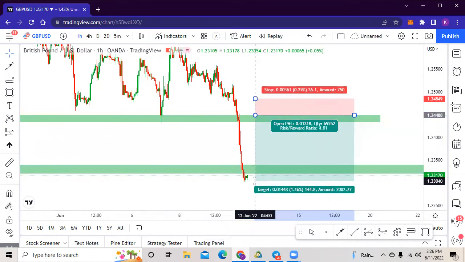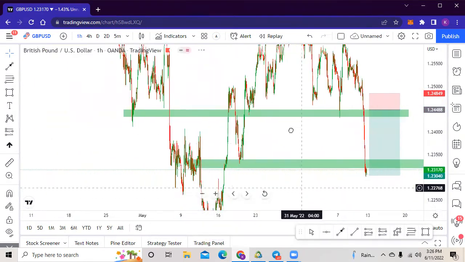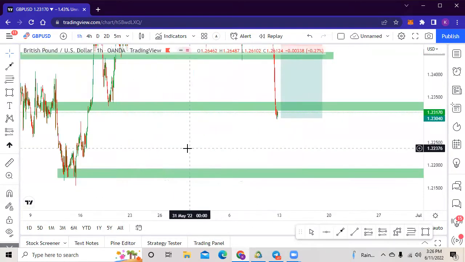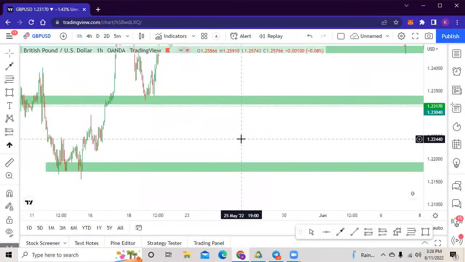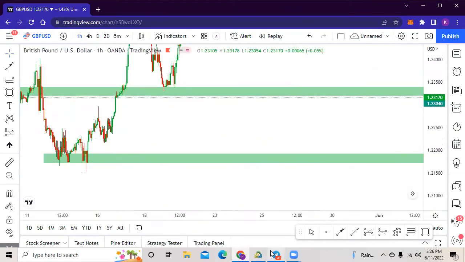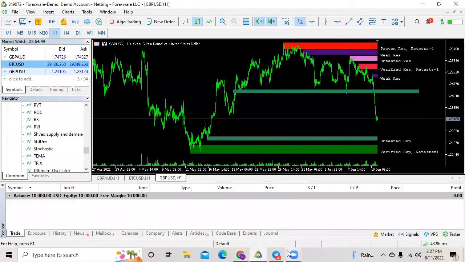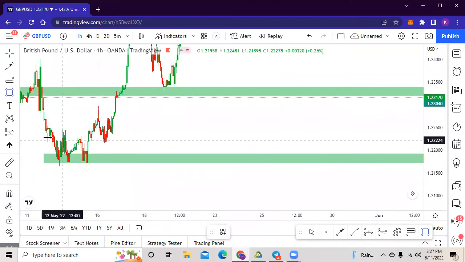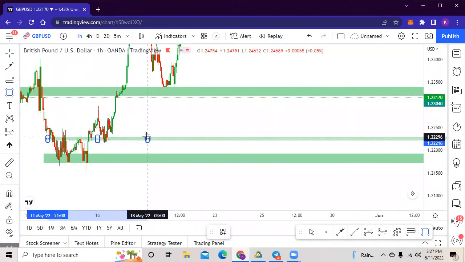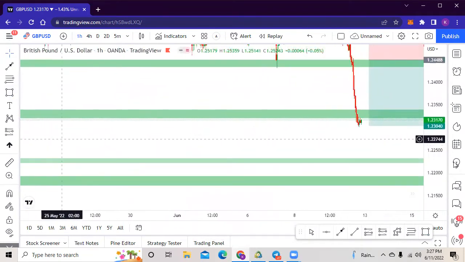Then my TP1 would be down here. And then we also have this level that we're looking for price to tap into, which was shown right here. So let's go and mark that off.